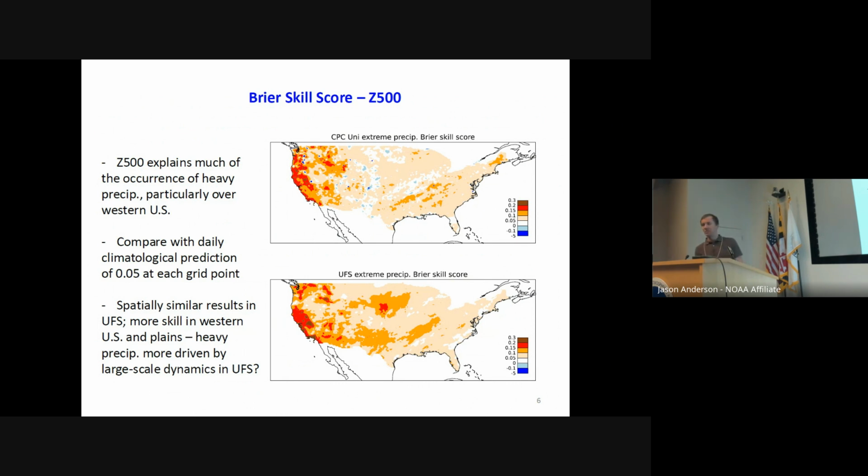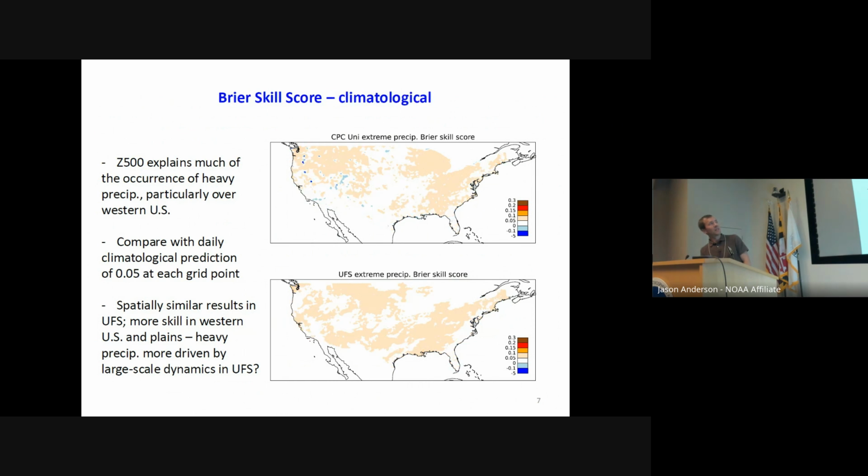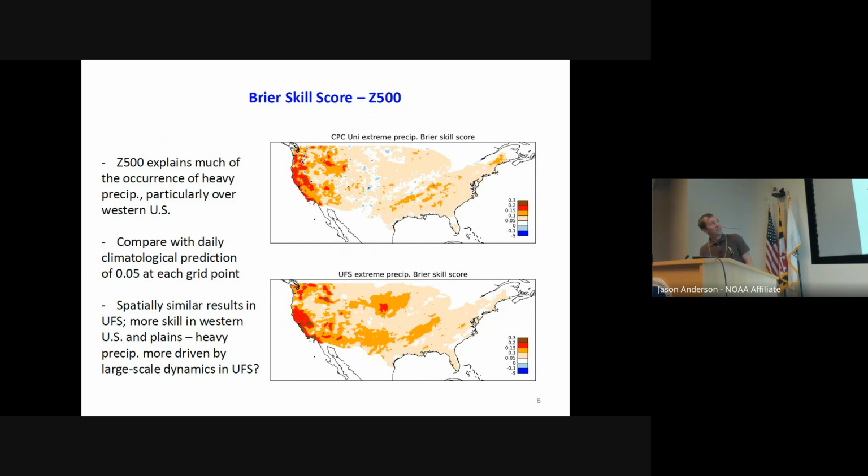And that is reproduced in UFS. Here I compare these skill maps to just a climatological forecast. It's showing up pretty bad here, but you can see we are getting some skill, even though values are only going up to about 0.3.